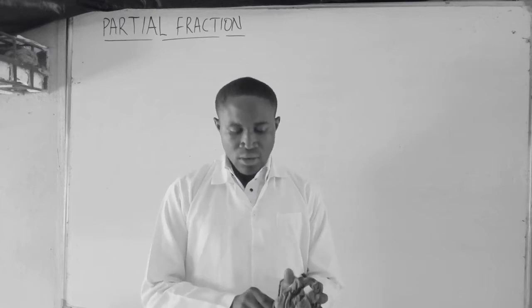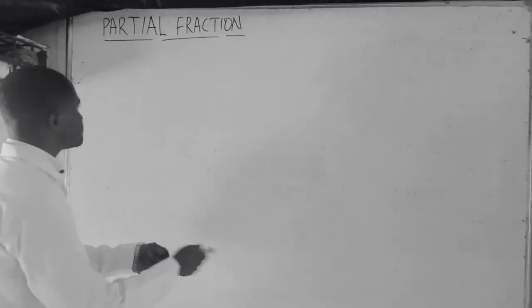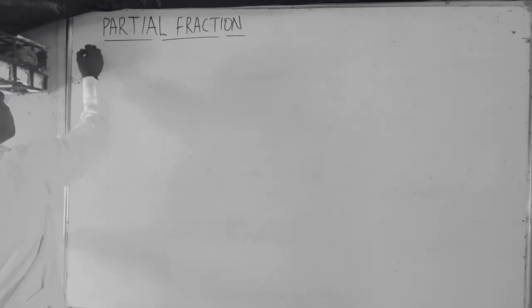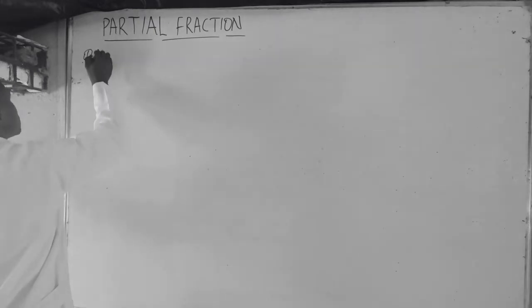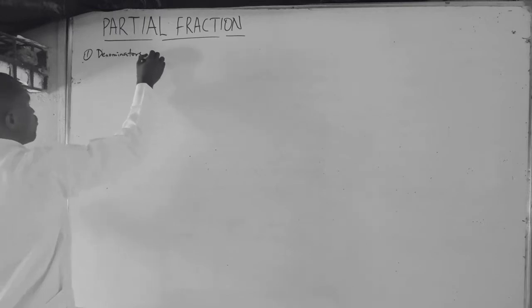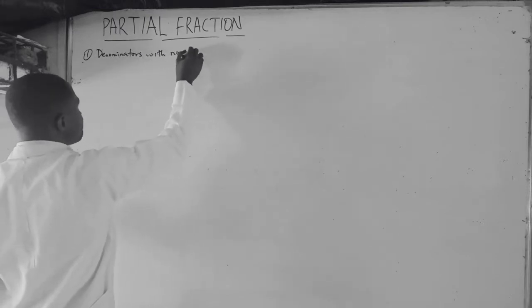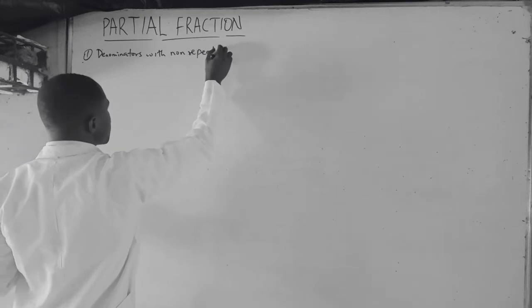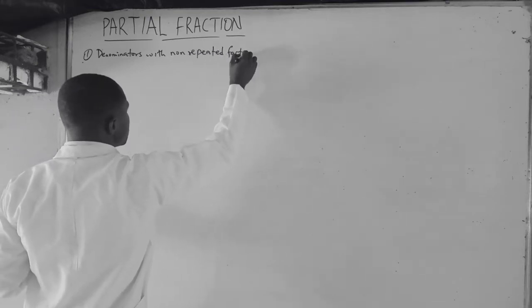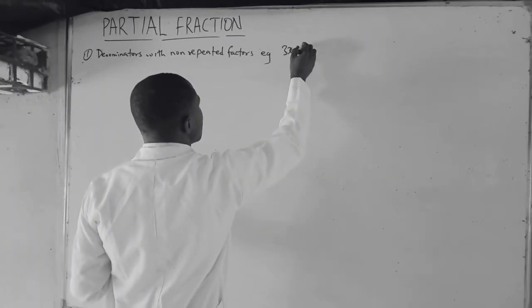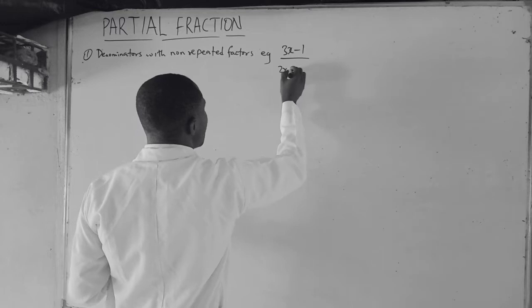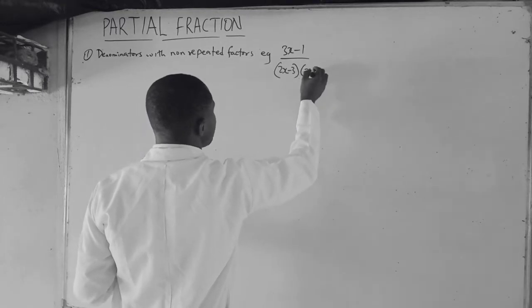See what we mean. If the denominator has non-repeated factors, for example, they give you (3x minus 1) over (2x minus 3)(x minus 5).